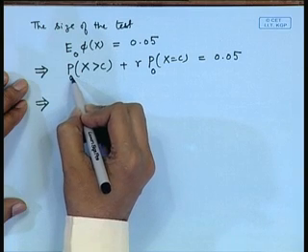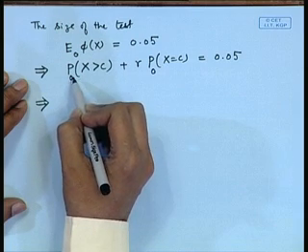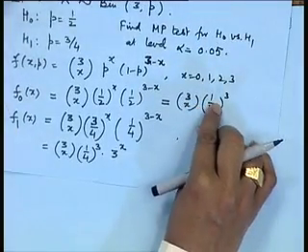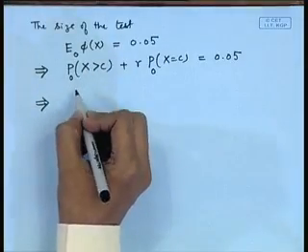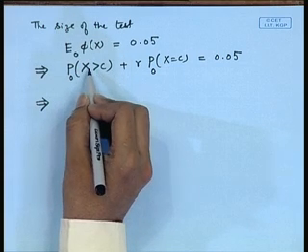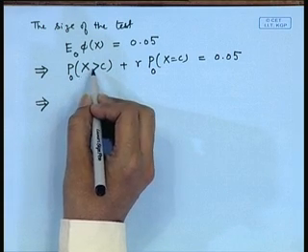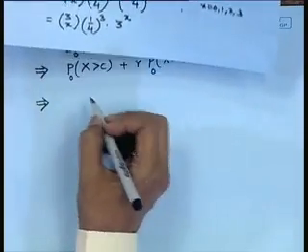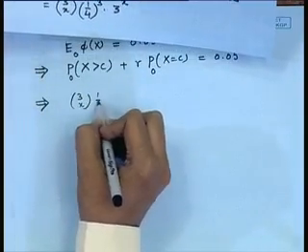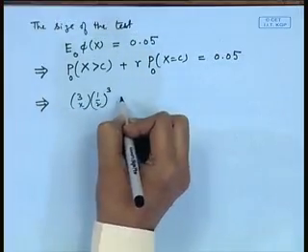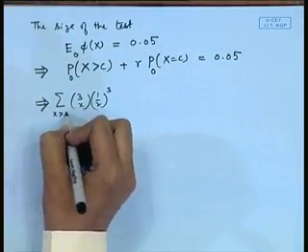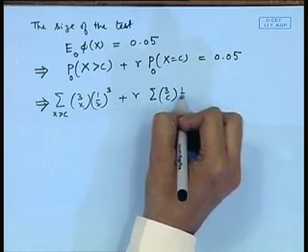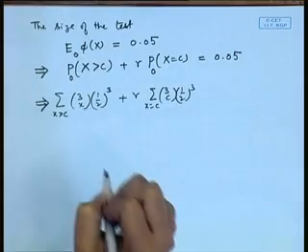Now you can see here, when the null hypothesis is true, the density function is written as 3Cx (1/2)^3. So, we have to consider the values of x for which it is greater than c, and the probability distribution has to be added up, that is 3Cx (1/2)^3 summed over x greater than c, plus γ times 3Cc (1/2)^3 when x is actually equal to c.